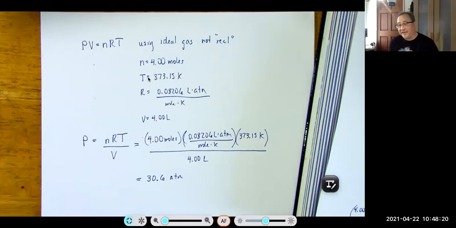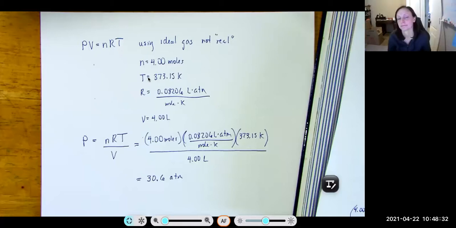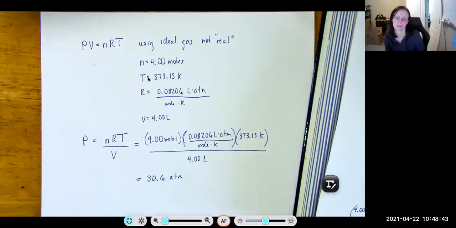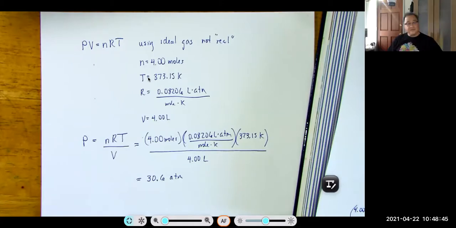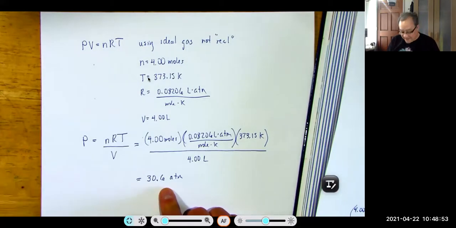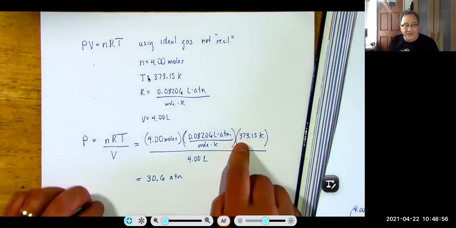It's 100 K higher than the ideal temp, which is 273, right? Yeah. So why is the 26 so far from the ideal of 30.6? Because it's not at STP. Right. Because the pressure, whether you look at 26 or 30, that's a lot higher than 1. And when you look at 373, that's a lot higher than 273.